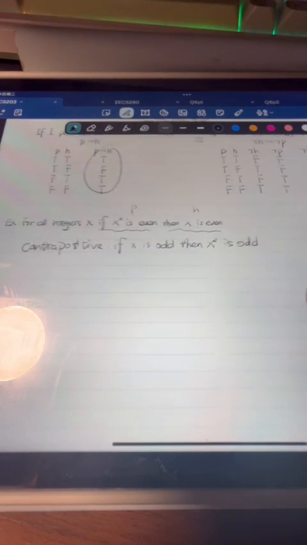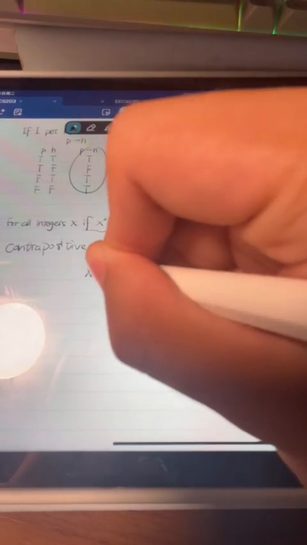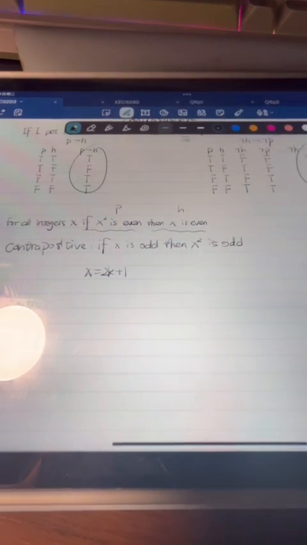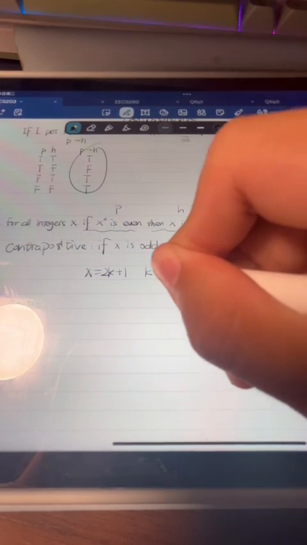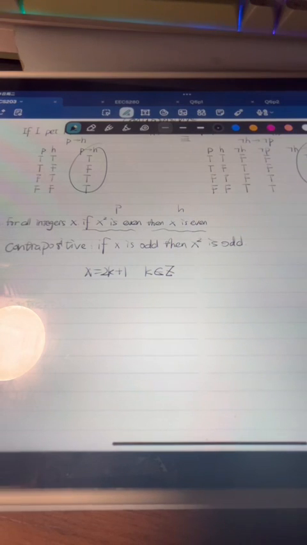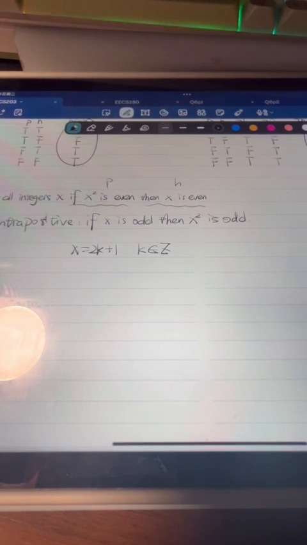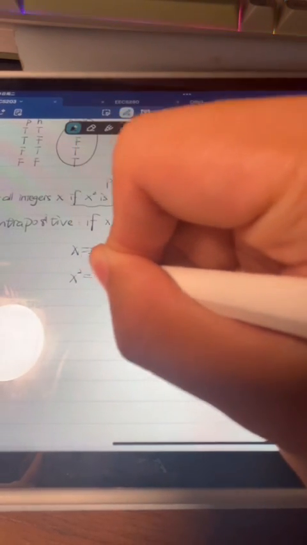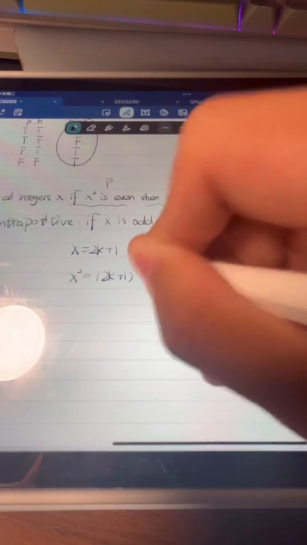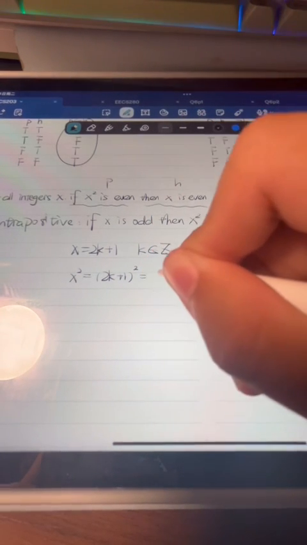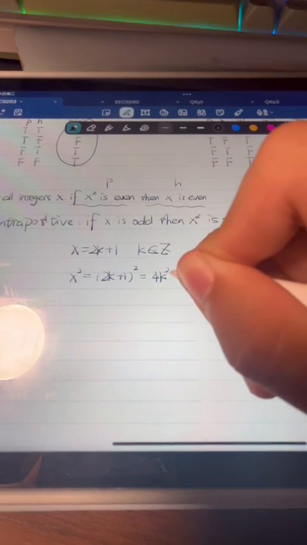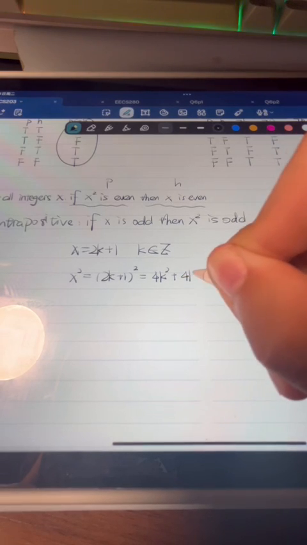Now we can say that x equals 2k plus 1, because x is odd and k belongs to the integers, so any integer. How can we show x squared? x squared equals (2k plus 1) squared, which equals 4k squared plus 4k plus 1.